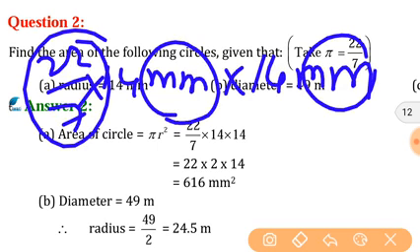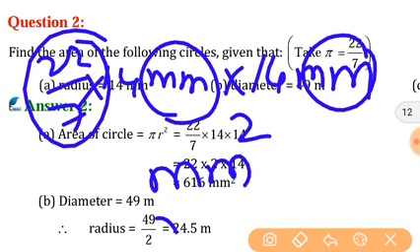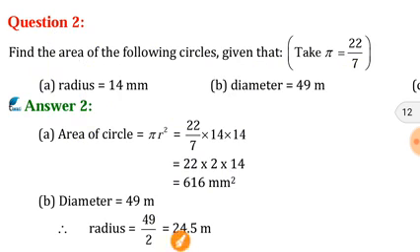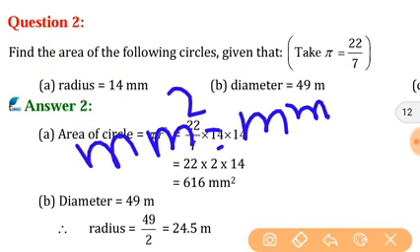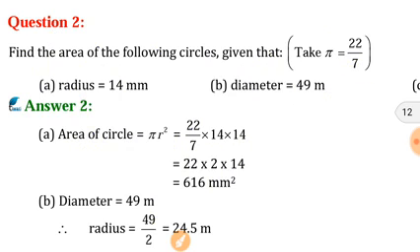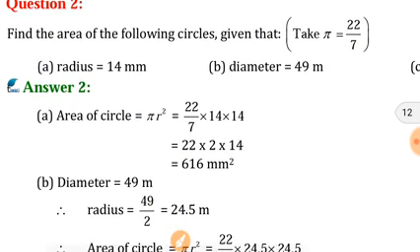Millimeter into millimeter we write as millimeter square, just as r square is r into r. In the same way, meter square is meter into meter.